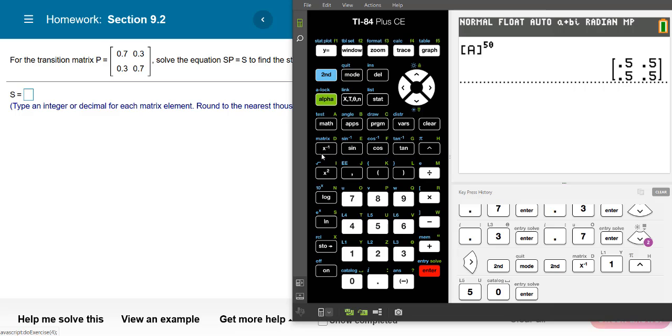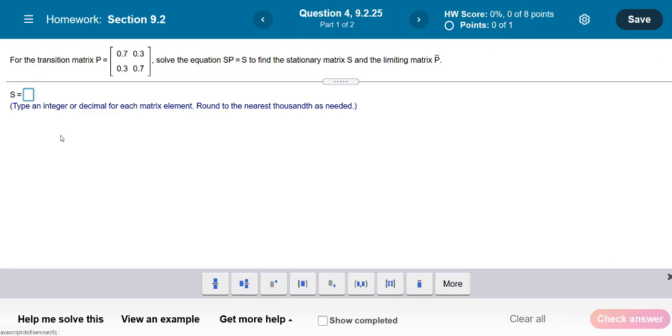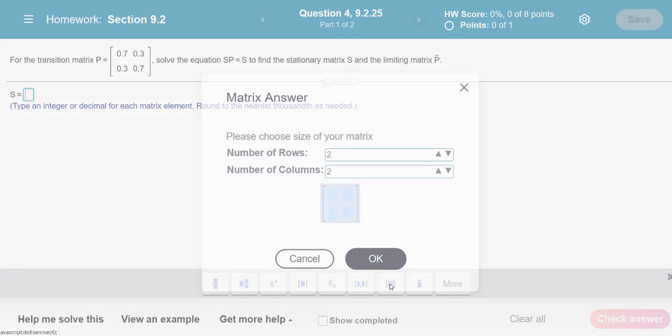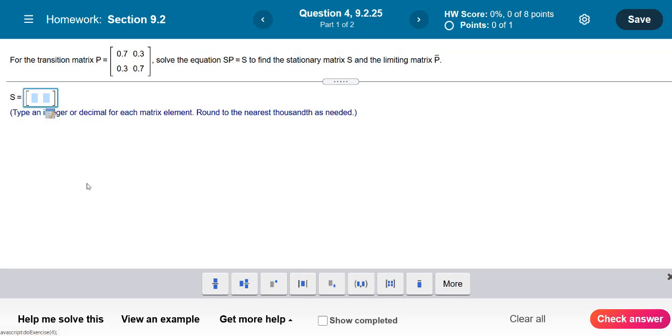Now, in the first part of the question, we're asked for the S. The S will be either of those rows of this matrix. So we will enter the 1 by 2 matrix that has a 0.5 and a 0.5.